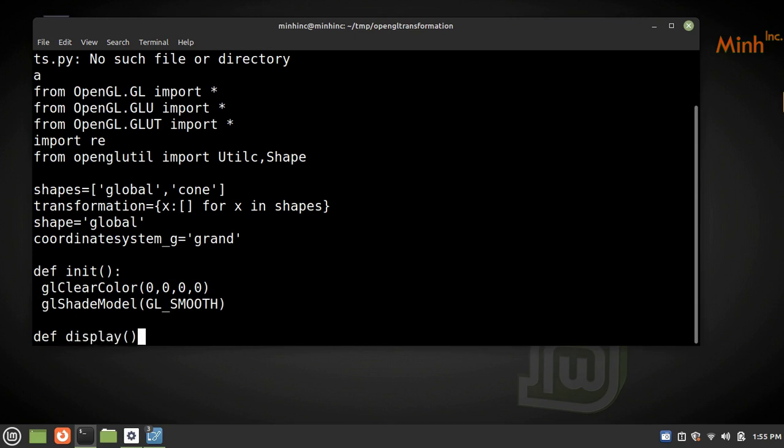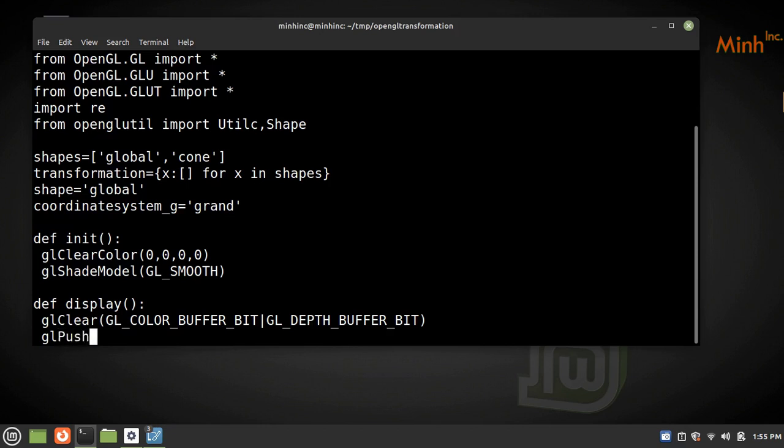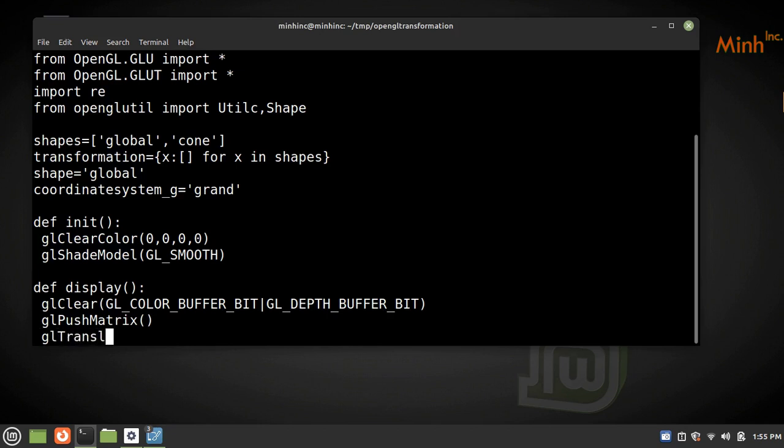Now we'll have a function called display. So in display we'll have glClear, GL_COLOR_BUFFER_BIT, GL_DEPTH_BUFFER_BIT, glPushMatrix, glTranslate.